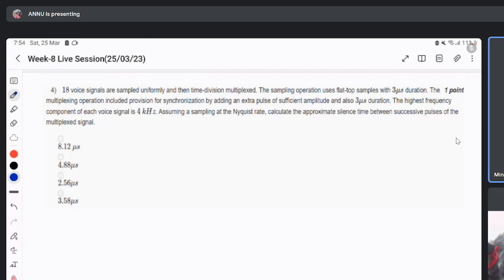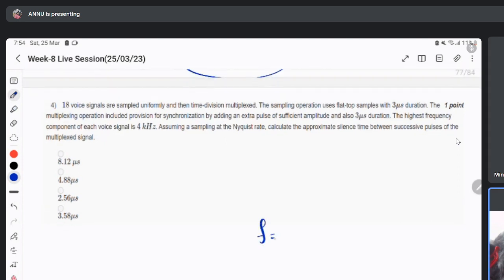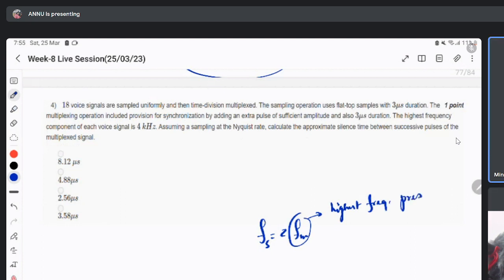Kushit, have you seen this question before? Yes, ma'am, I'm working on it. It's actually quite simple, ma'am. 18 signals and one is for the extra pulse. So Fs is equal to 2 into Fm, and this Fm is the highest frequency present in the signal.